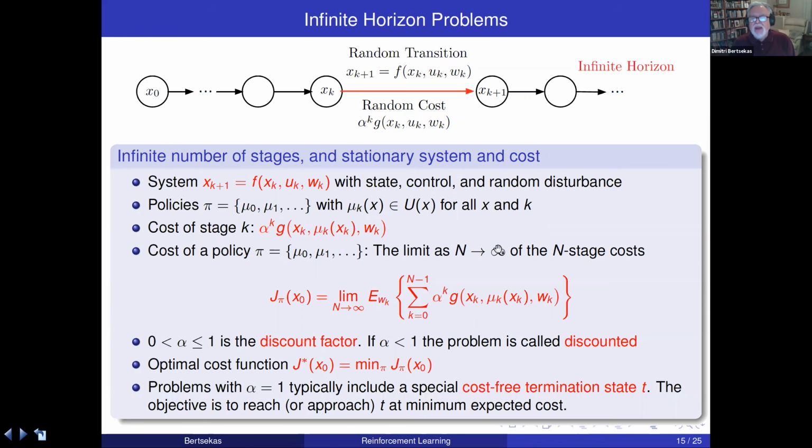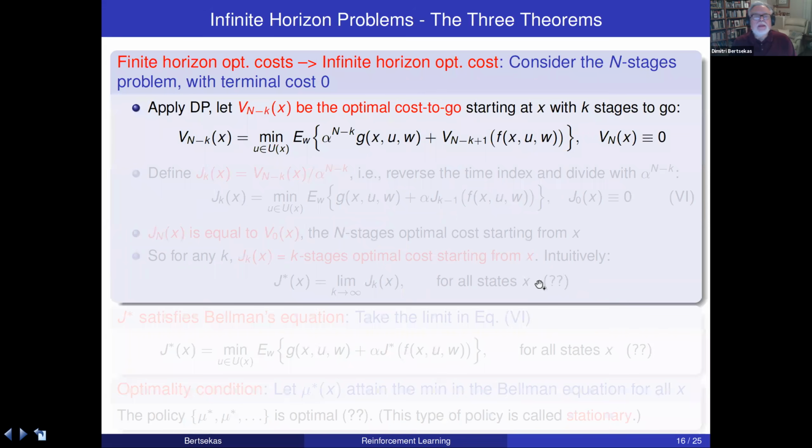Okay, so this is like finite horizon, except an infinite number of steps, basically. And we would expect that dynamic programming ideas passing from finite horizon to an infinite horizon would be possible. Indeed, there are three types of theorems that are fundamental in infinite horizon problems. These are the theorems that you expect to hold, but a mathematician may not be sure actually, and may have to verify for a particular type of problem, because there are exceptions.